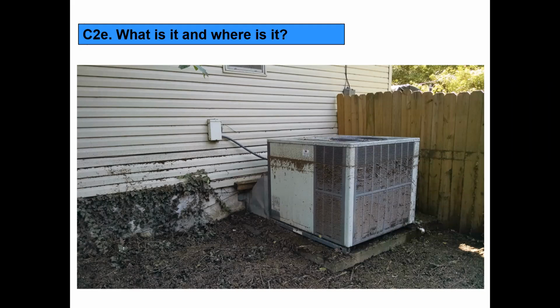After FEMA conducted a study, they realized they were paying out lots of claims on HVAC units that were left outside on the ground, even if the structure was elevated. So they changed the rules for utilities in that we now have to make sure that utilities are elevated as much as the structure is. And that's written into our ordinances.